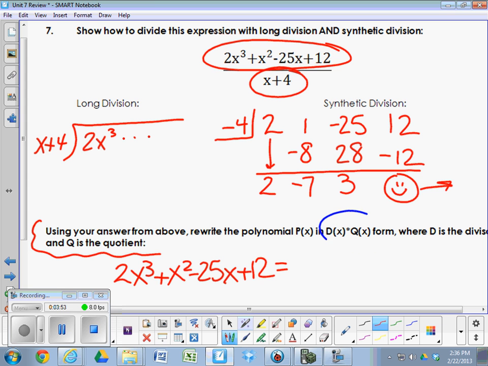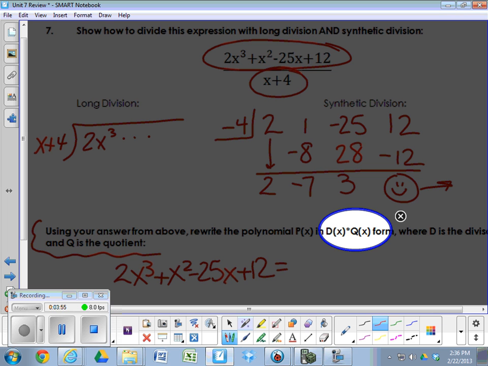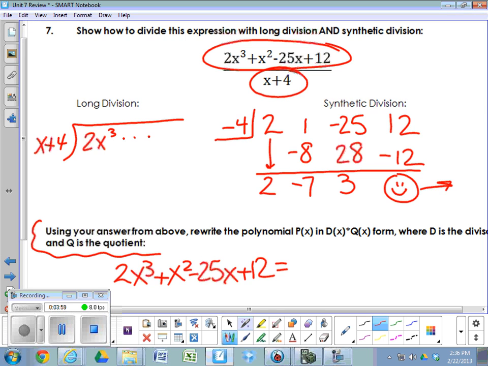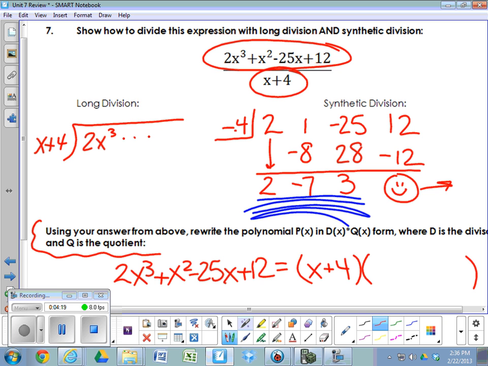That's what they're talking about here with d of x times q of x. So that polynomial can be split up into its divisor. Well, if negative 4 is a root, what's its first factor? X plus 4. Remember, it's the opposite. And the other factor comes from the bottom of the synthetic division right there.